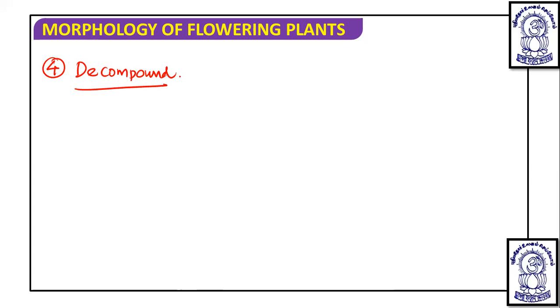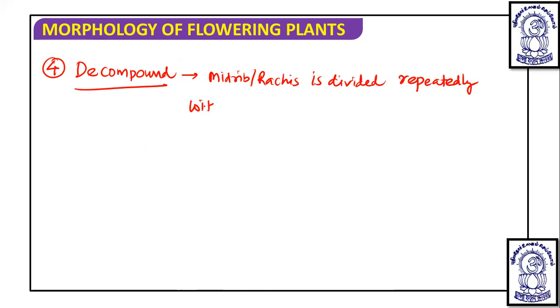In decompound, what happens here is that the midrib or rachis is divided repeatedly without any definite pattern.